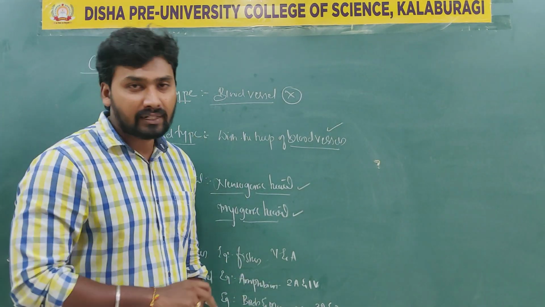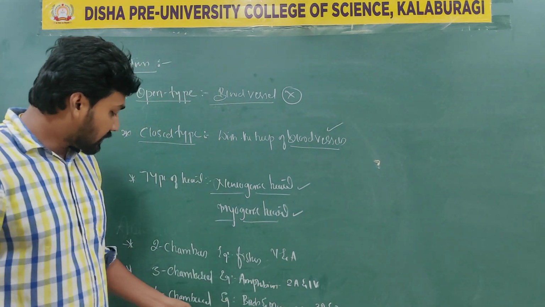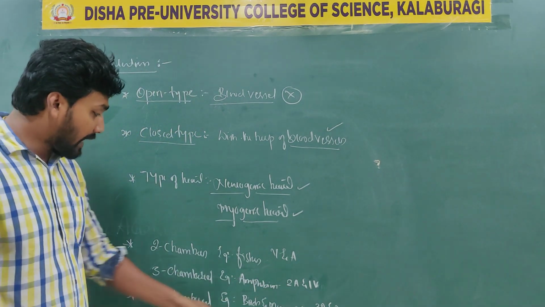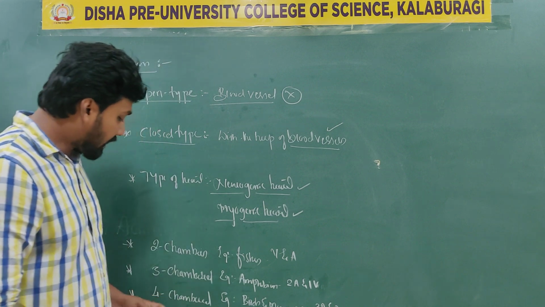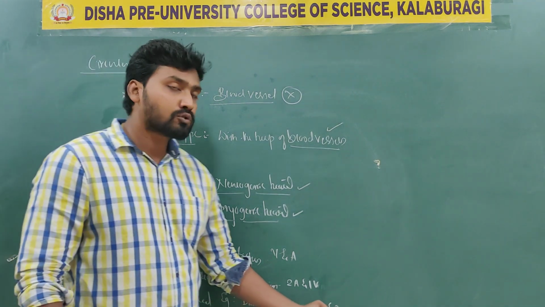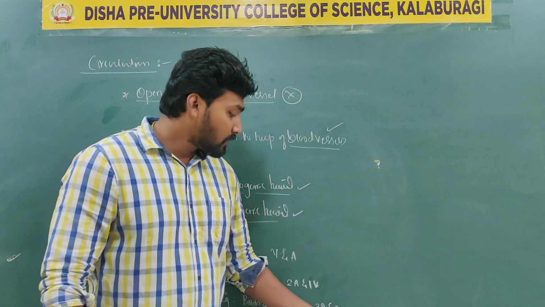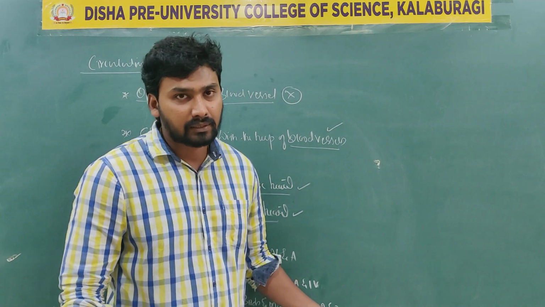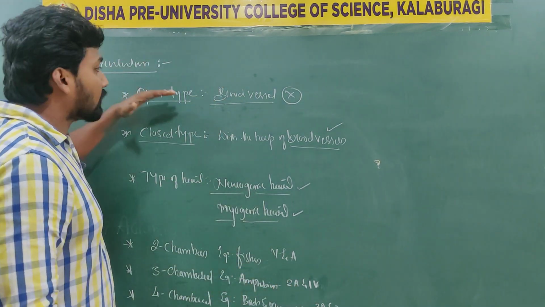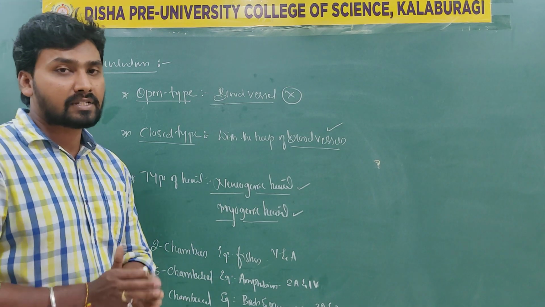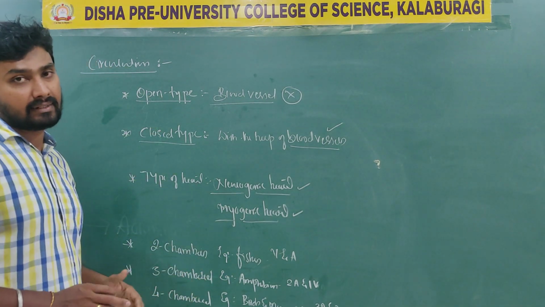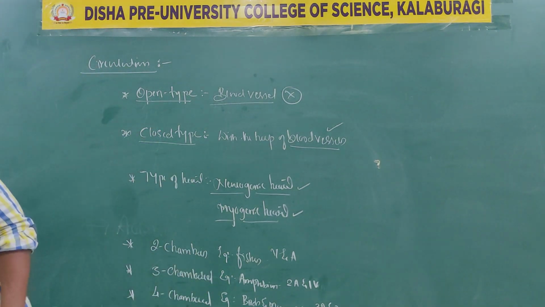They have one ventricle and one auricle. Some species possess a three-chamber heart, for example amphibians, which have two auricles, two superior chambers, and one ventricle. And in higher animals like birds and mammals, they have four chambers: two auricles, two superior chambers, two ventricles, two inferior chambers. So likewise, animals are classified on the basis of circulation into these categories. We'll move on to the next one.